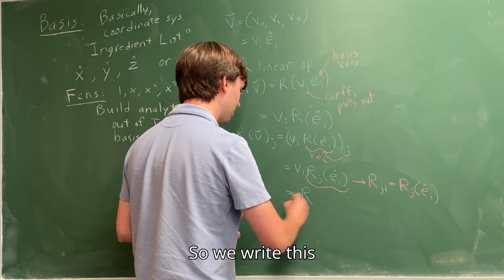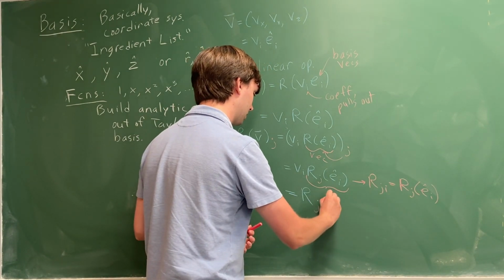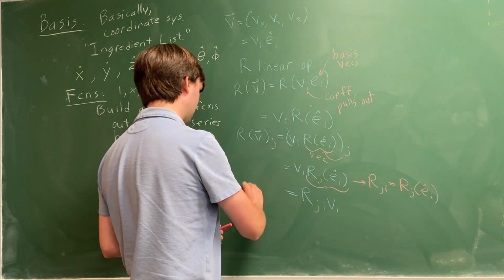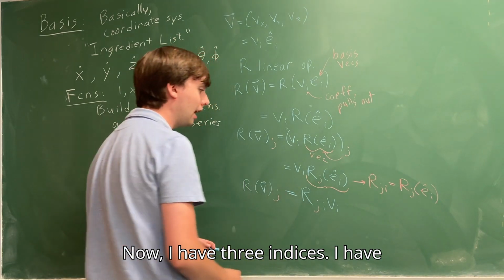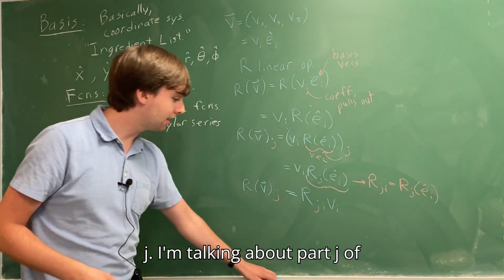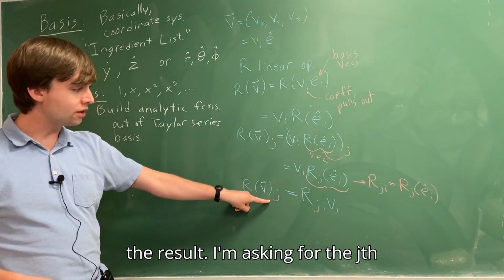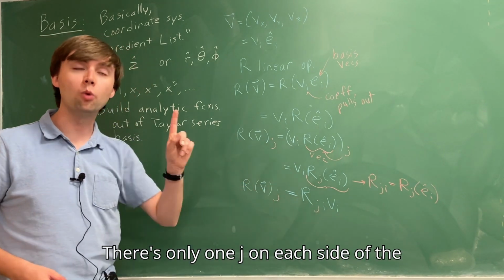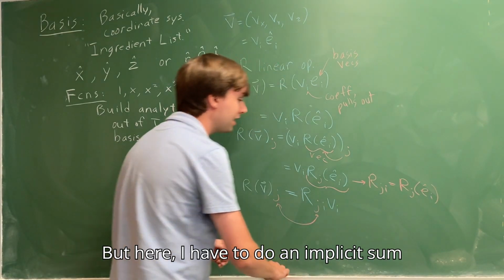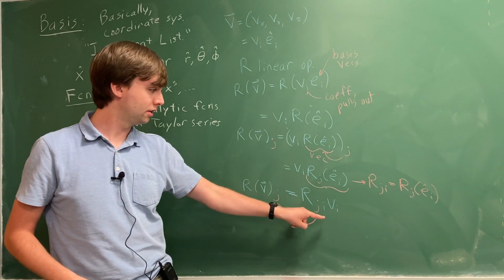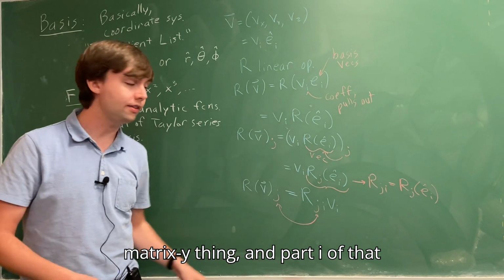So we write this like this. Now I have free indices. I have j. I'm talking about part j of the result. I'm asking for the jth coordinate, and that comes up right here. There's only one j on each side of the equation, and they match up. But here I have to do an implicit sum over part i of this matrixy thing and part i of that vector.